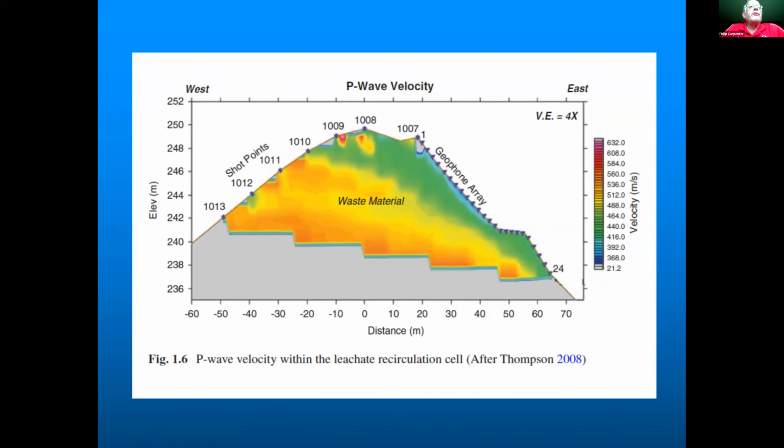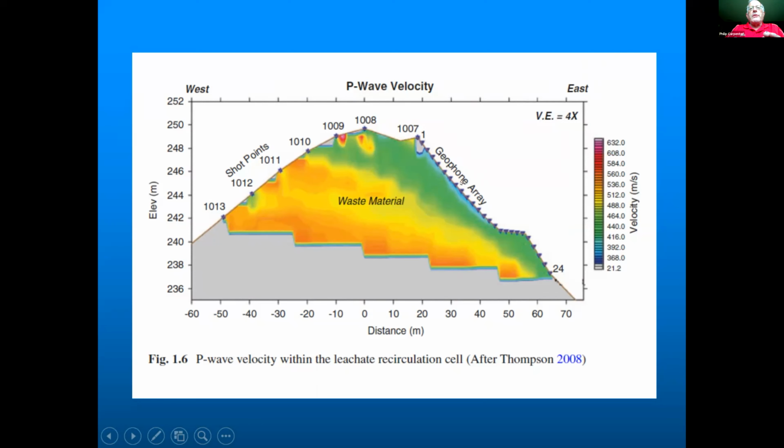P-wave velocity is more interesting, in my opinion, because it involves the bulk modulus and the shear modulus, and it's more representative of the mechanical properties of the waste. You can see a definite change here. You've got this higher velocity material down here, and the velocities are on the far right.